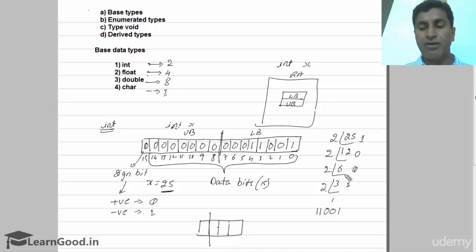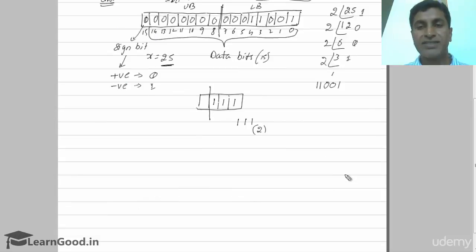Now if there are 3 locations, what is the maximum binary value I can store? The maximum binary value I can store is nothing but 111. That's the maximum value you can store. Now 111 is in base 2. Then what is its equivalent base 10 value? What is the decimal value?